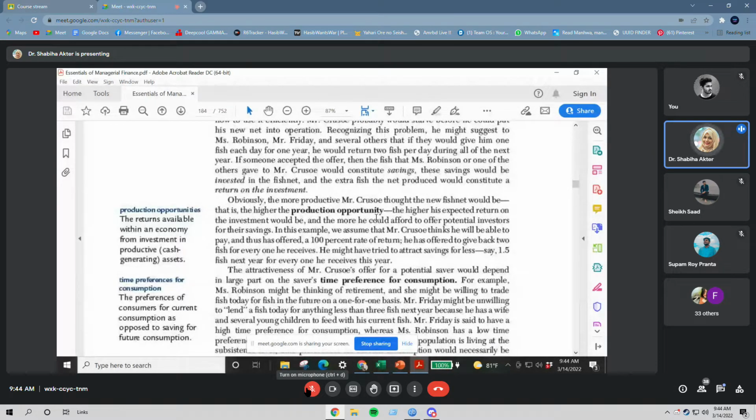সো যত আপনার এই সেভিংসটা নিয়ে অর এই ফিশ, আই মিন মিস্টার এক্স যেটা ভেবেছে যে তার ফিশ নেটটা উইল প্রডিউস মোর, ক্যান ক্যাচ মোর ফিশ, the more, I mean, the more productive Mr. X thought the new fishnet would be, that is, the higher the production opportunity, the higher his expected return on the investment would be.